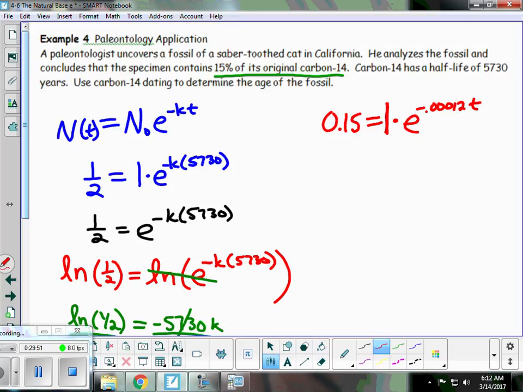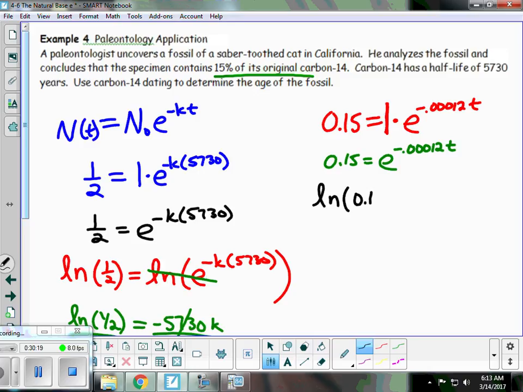Now again, you could have done anything. You could have done like 100, and then 15% of that is 15. But you're going to end up dividing by that 100 anyway, so might as well just go to the most basic form. Again, since that 1 is just 1, we don't really have to worry about it. Now we're going to do the natural logarithm to both sides again.